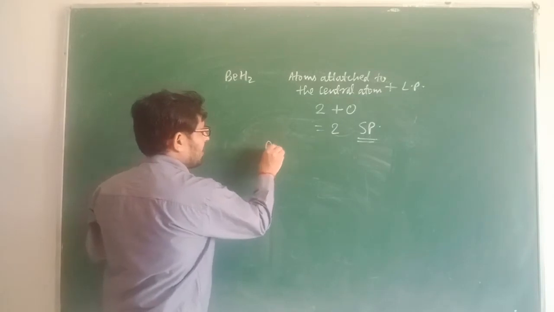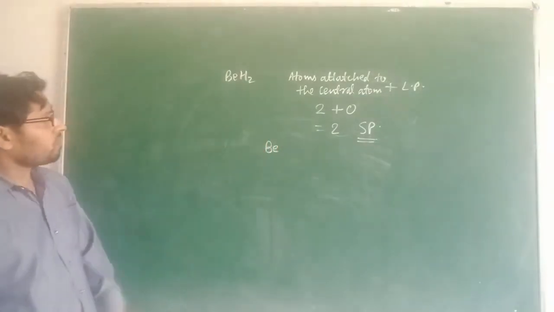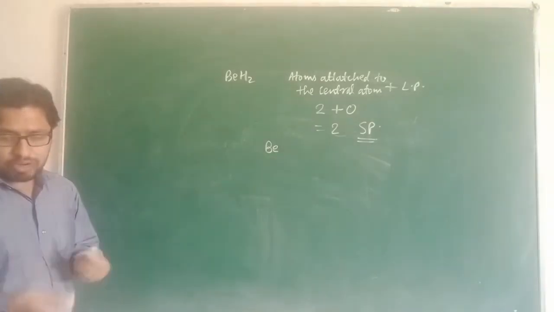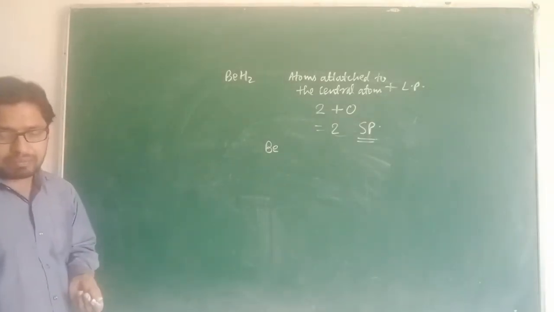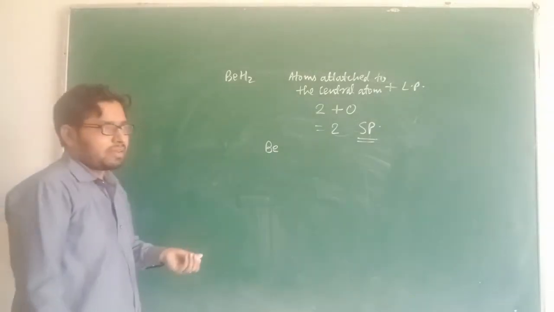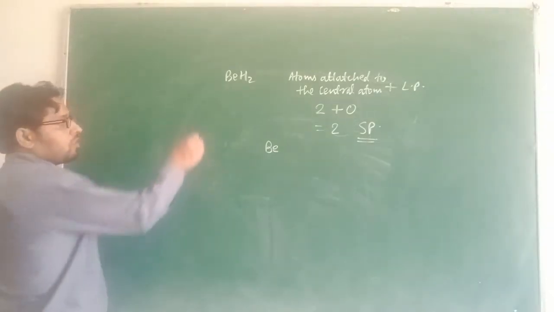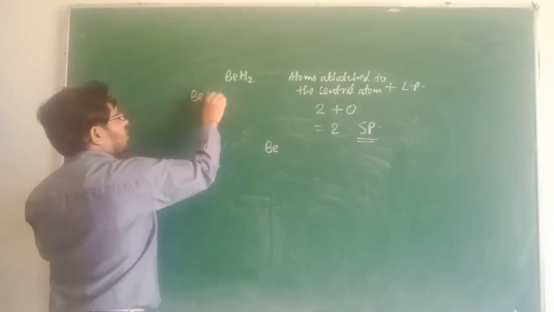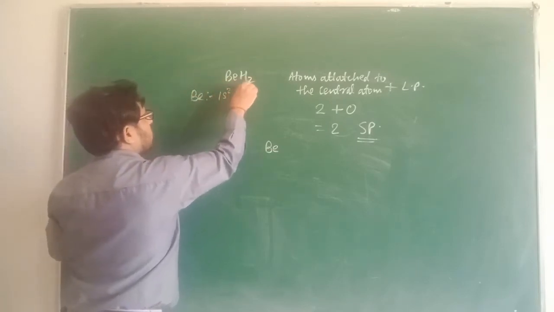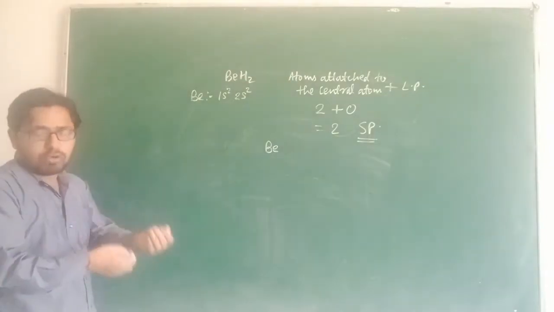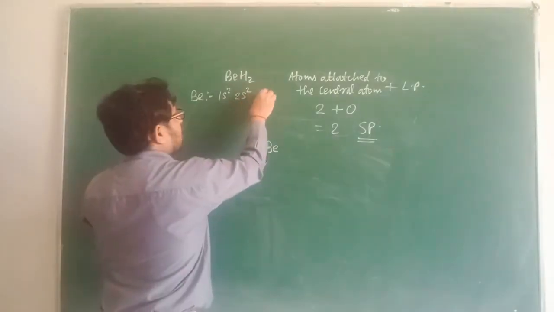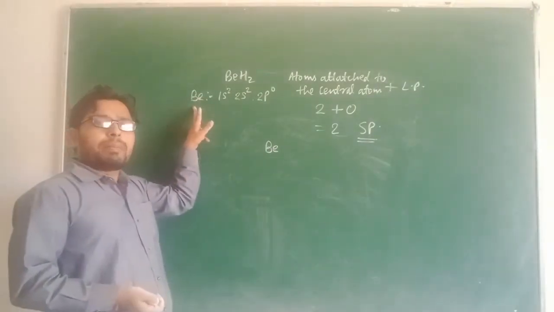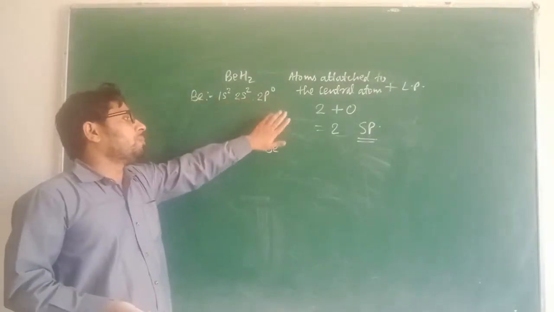If you see beryllium in BeH2, what is the electronic configuration of beryllium? 1s2, 2s2, and 2p also included, which will be 2p0, because the atomic number is 4: 1s2, 2s2 and 2p0.